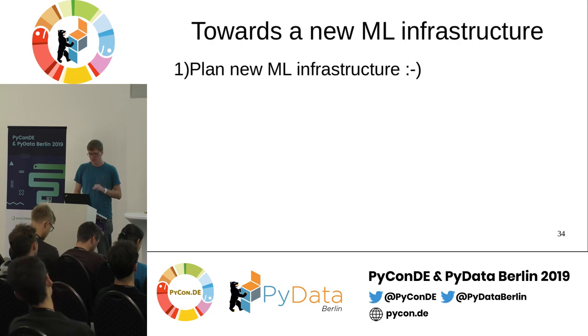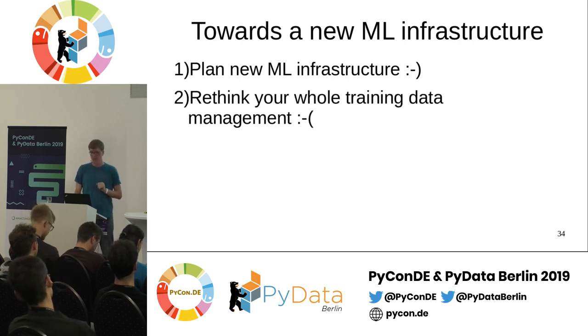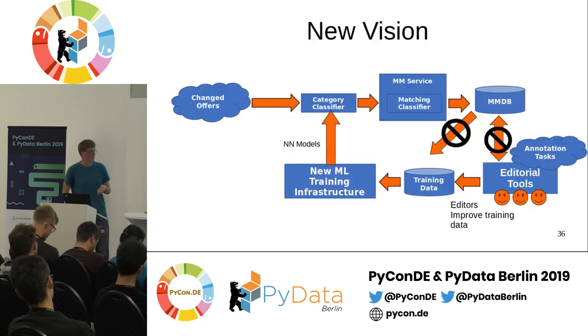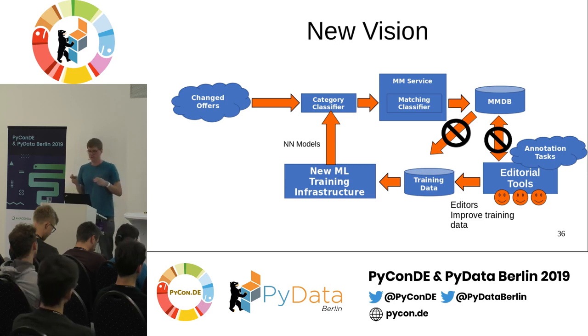So I think I have to skip a little bit now due to time. But what we needed to do was rethink our whole training data management. So we need to change editorial staff's role. They need to manage the category tree and improve training data instead of fixing live data. So we said we don't need these edits in our training data approach anymore.